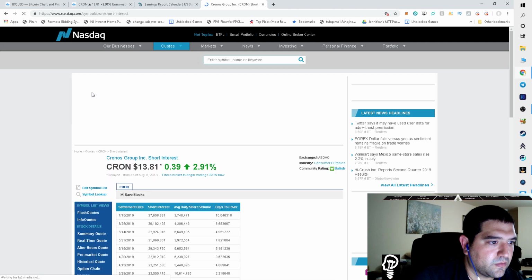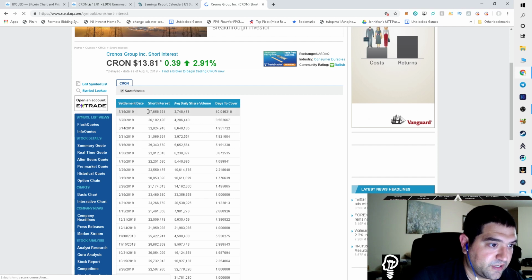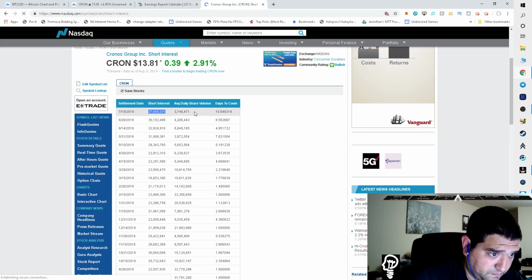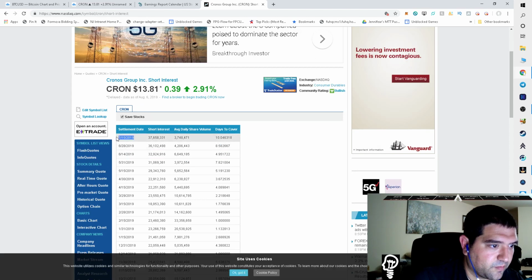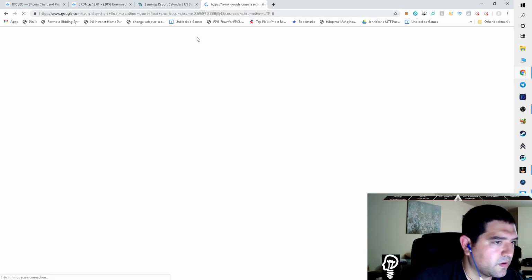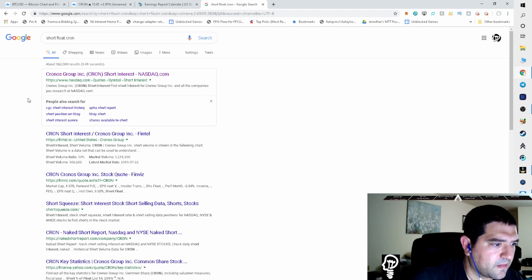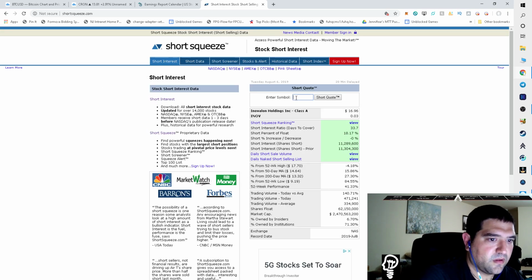So, yeah, I mean the short interest looks like it's picking up. Well, is this how you would read this? I'm not sure how you would get information from this. This is from July 15th. Here, I guess short squeeze interest. Is that how you really look at it that way? There you go.